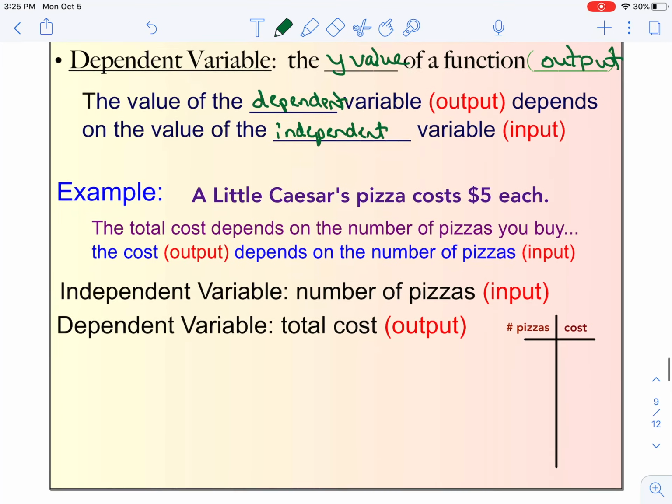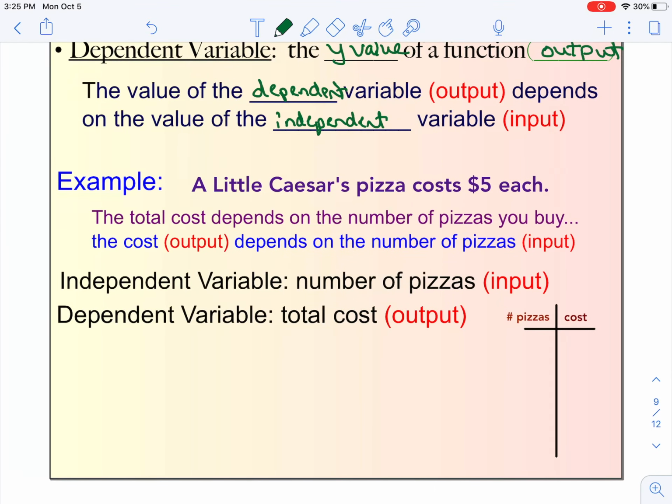Here's another example. A Little Caesars pizza costs $5 each. We talked about this another day. The total cost depends on the number of pizzas you buy. So what do you put in? You put in the number of pizzas, and out comes the cost that you're going to have to pay.